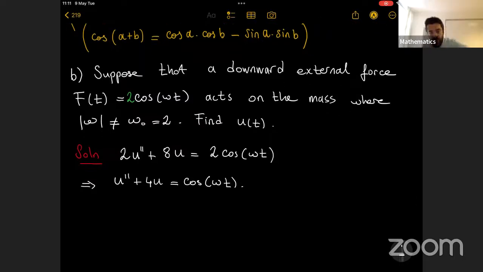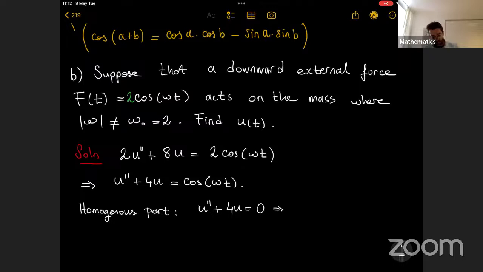So let us work with the homogeneous part. We already worked with the homogeneous part in the previous part, right? So it is u double prime plus 4u is equal to 0. And the characteristic equation is lambda squared plus 4 is equal to 0. And we had the roots.